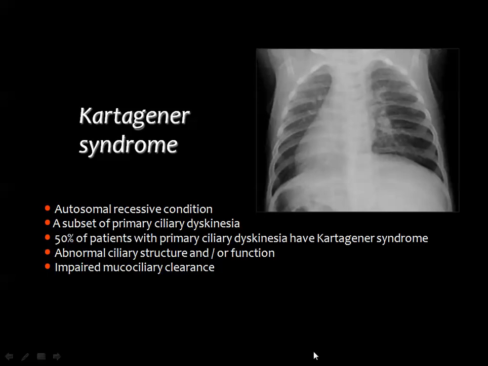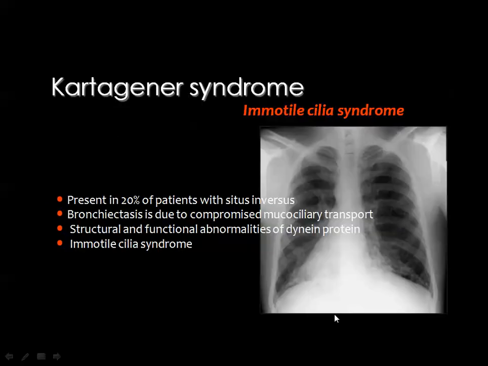The second disease which is also associated with bronchiectasis is known as Kartagener syndrome, which is an autosomal recessive condition and is a part of a major disease known as primary ciliary dyskinesia. In this disease, there is abnormal ciliary structure and function, resulting in accumulation of the secretions within the bronchi and also the development of bronchiectasis.